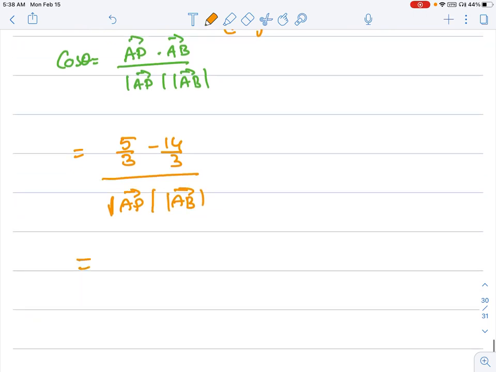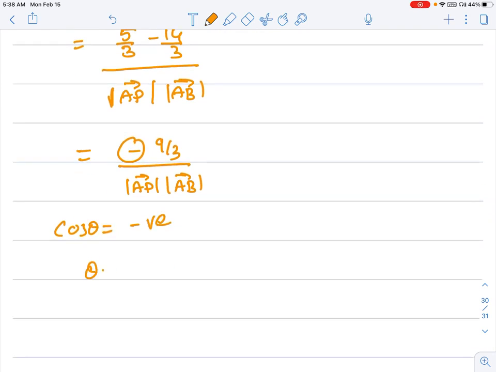You can see that this is minus 9 by 3 divided by some value, so it becomes a negative answer. The numerator becomes negative, which means cos theta is a negative value. If at all theta is 60 degrees, which is in the first quadrant, then cos theta is always positive. So therefore this is not possible.